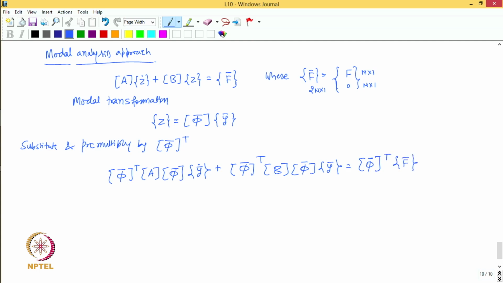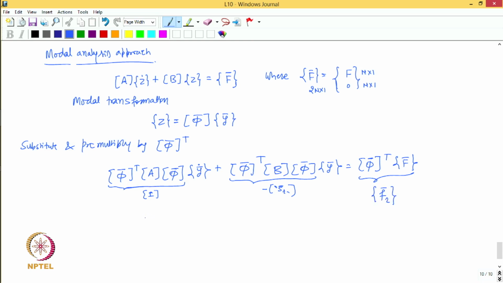Now, if we invoke the orthogonality properties, this matrix is nothing but the unity matrix, and phi bar transpose B phi bar is nothing but the matrix of negative of the eigenvalues, minus S bar R. And then we represent this vector of modal forces in state space by F R bar.